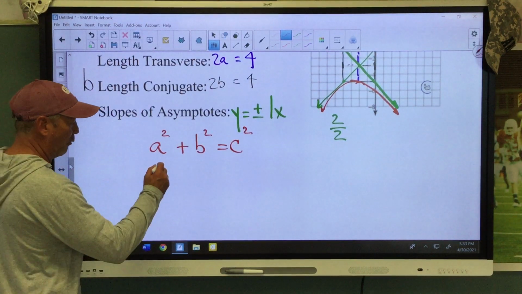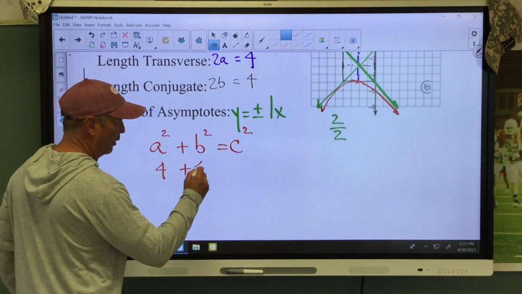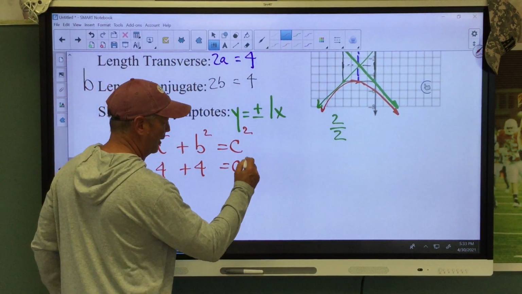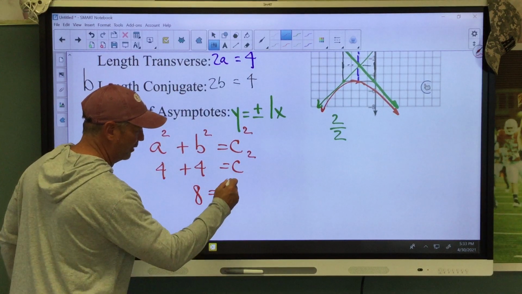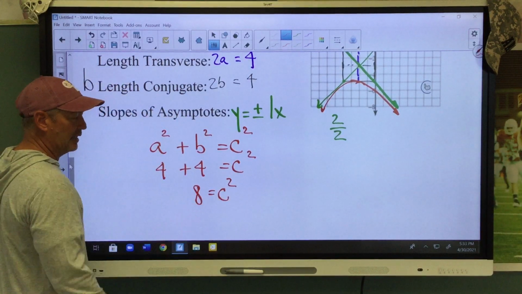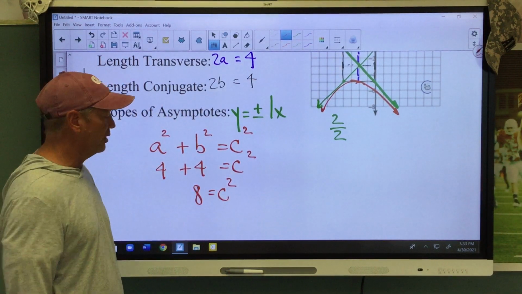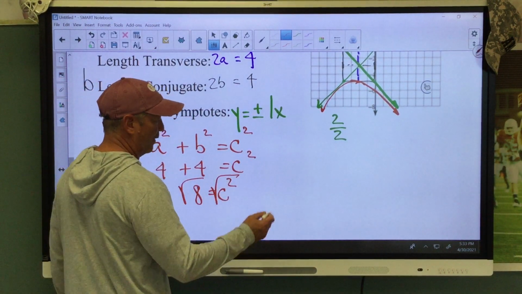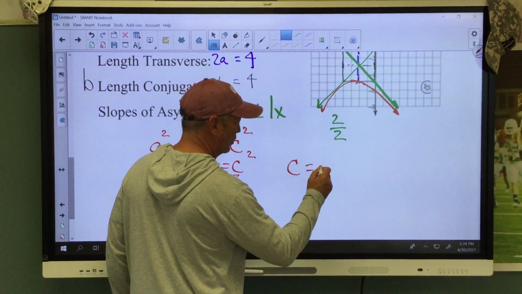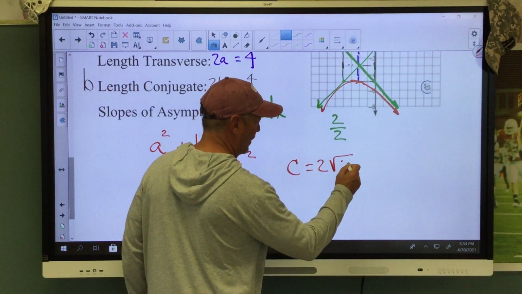So we're going to say 4 plus 4 equals c squared. 8 equals c squared. I don't need c squared, I need c. I need the location of c. We're going to take the square root, and we're going to find out that c equals 2 square roots of 2.